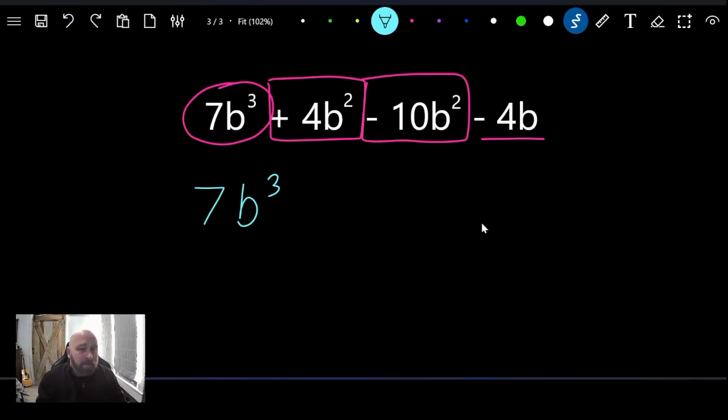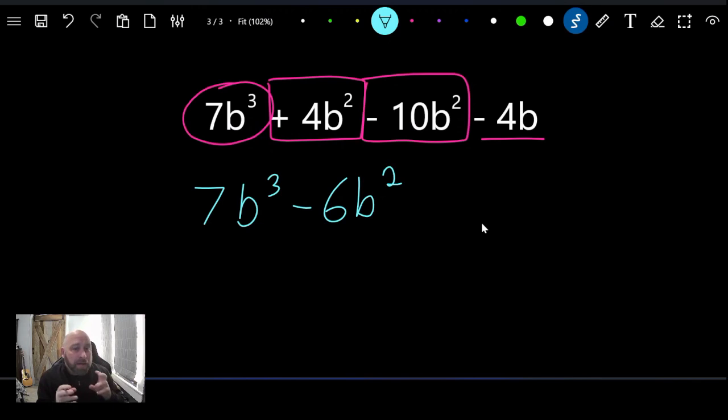Well, I can't really do that. Theoretically, I can't. But in algebra, I can. So if I have 4 in the bag and I take out 10, that means I have negative 6 bananas. The b squareds, in this case, are the bananas. Okay? So I have negative 6b squared.